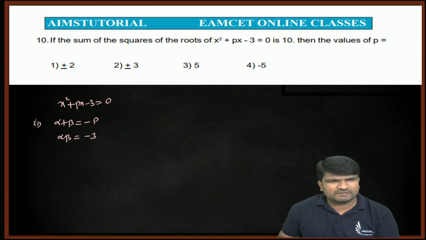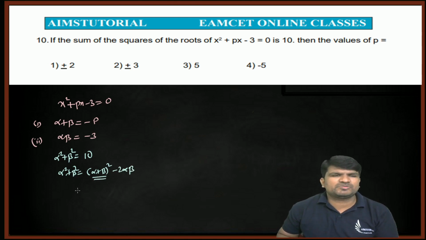But given here, alpha square plus beta square, the sum of the squares of the roots is 10. So we know that the formula of alpha square plus beta square is alpha plus beta whole square minus 2 alpha beta.